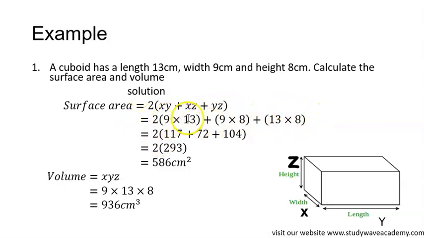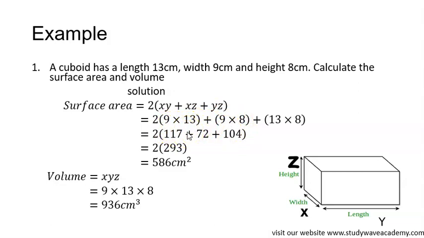So 2 bracket 9 times 13 is going to give us what? 117 plus 9 times 8 is going to give us what? 72, right? You got that. Then we take the next one. 13 times 8 is going to give us 104. So you add everything in the bracket first, okay? So 117 plus 72 plus 104 is going to give you what?